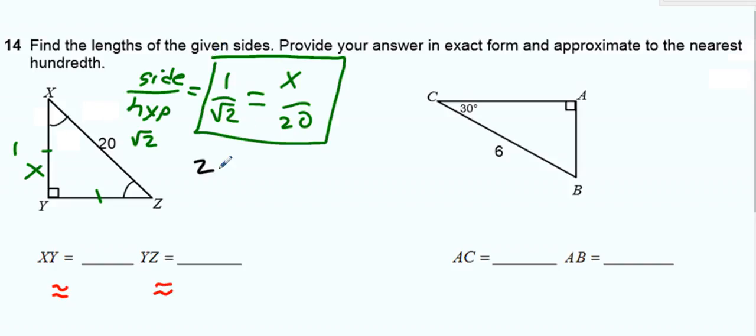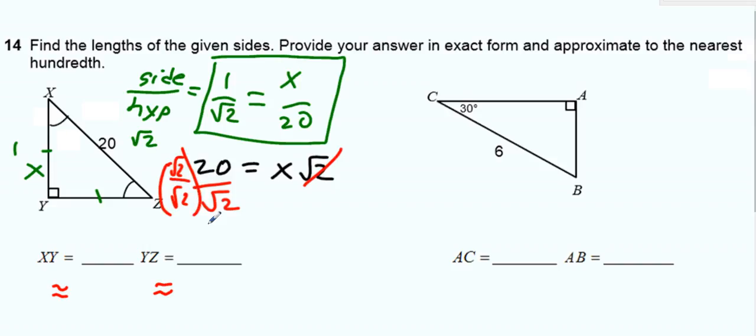You get 20 equals x times the square root of 2. Divide by square root of 2. And whenever you are dividing by a square root, you could do the rationalize long process, which would be 20 square root of 2 divided by 2. Or you can just remember the shortcut, which is you divide the numerator by 2, get 10, and just remember that there needs to be a square root of 2 on it.